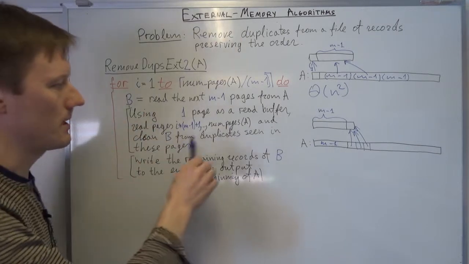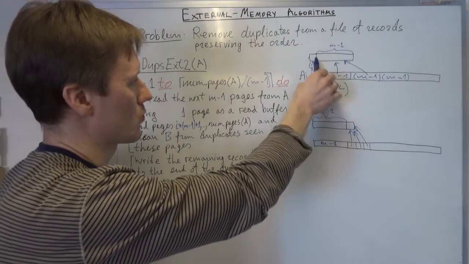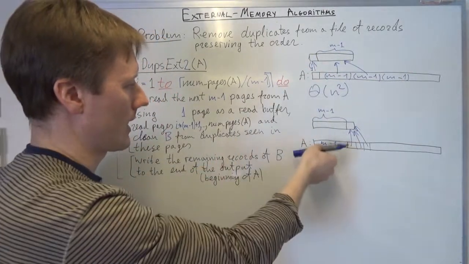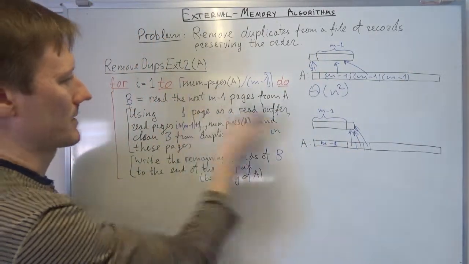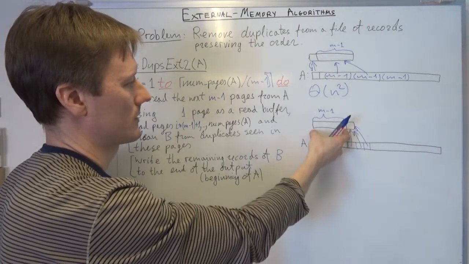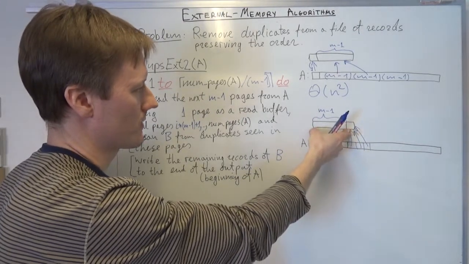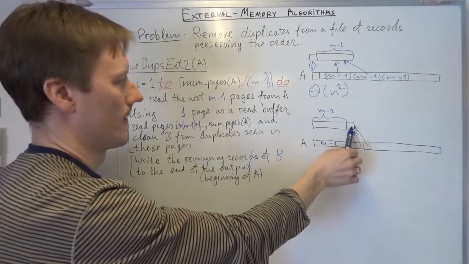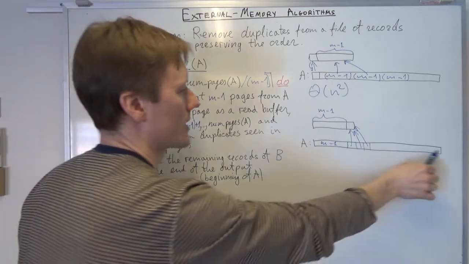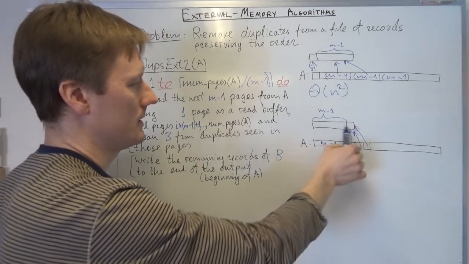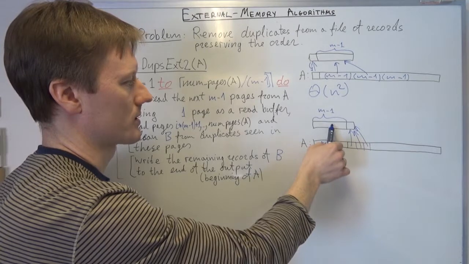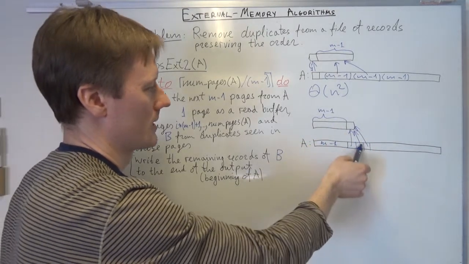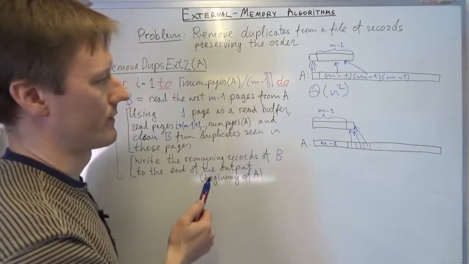So the main difference is that instead of reading just one page into memory and then cleaning it from duplicates, I read m-1 pages from the file into memory, fix them in memory, and then use only one page as a read buffer to read the rest of the file and clean these m-1 pages from the duplicates, that is records which are equal to some records in the rest of the file.